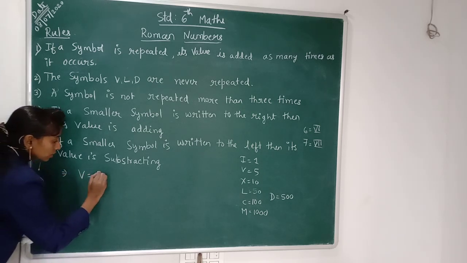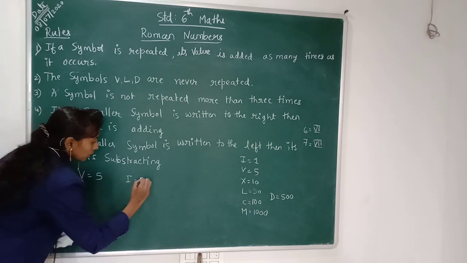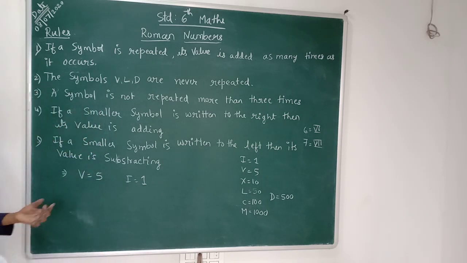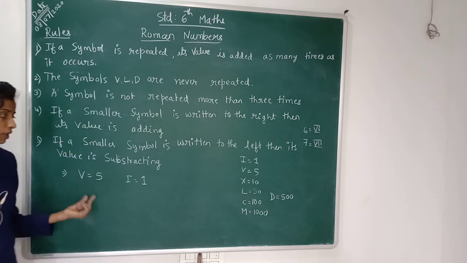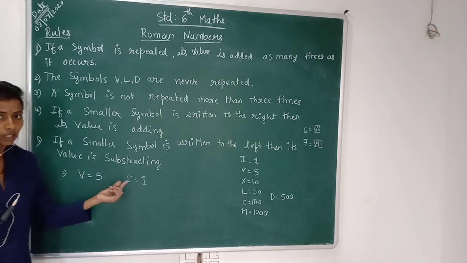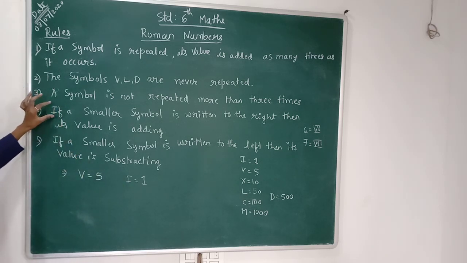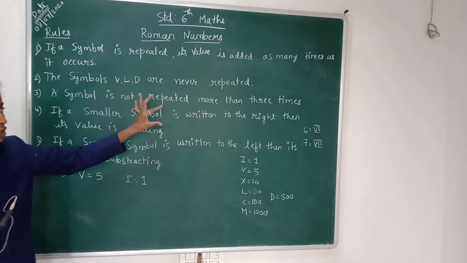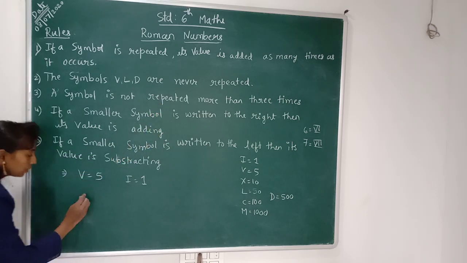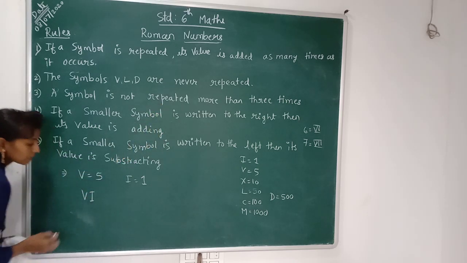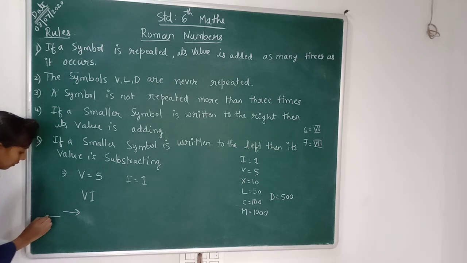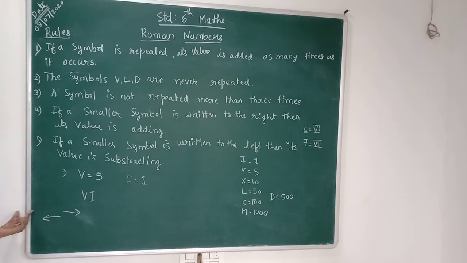See, this is 5 and this is 1. Which one is greater? V is the greater one and I is the smaller one. Written to the right means this side. This side is right, and the other side is left.